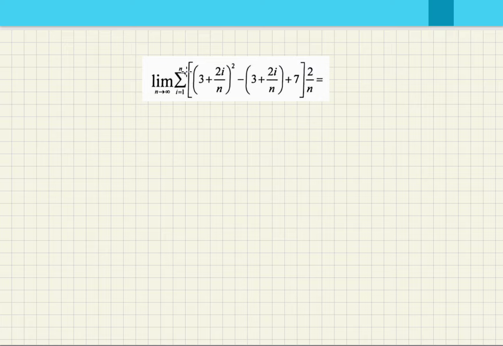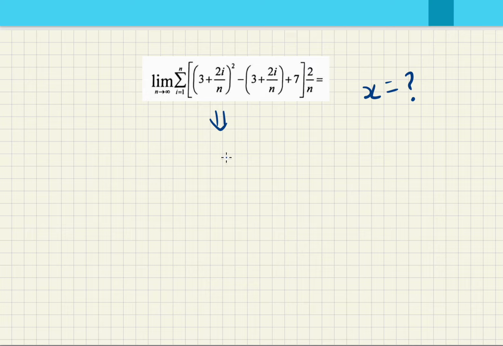So in this case, we are converting the limit, which includes sigma, into a definite integral. Now, the first step is identifying your value of x, because your definite integral will be in terms of x.